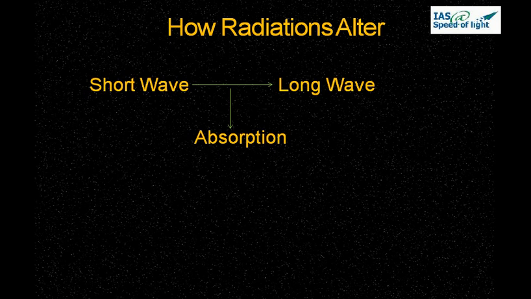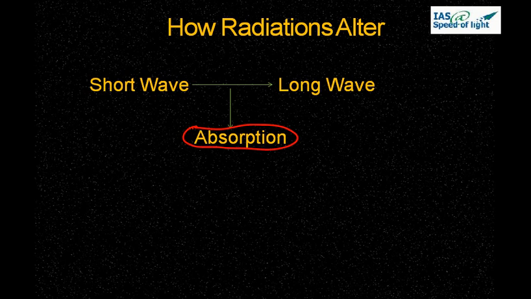So we have to have a process, and that process is known as absorption. Energy is absorbed, so it is changed. If we go from short wave to long wave, we must have absorption.